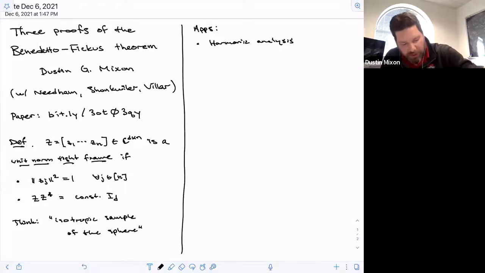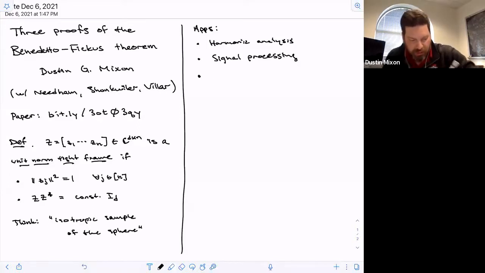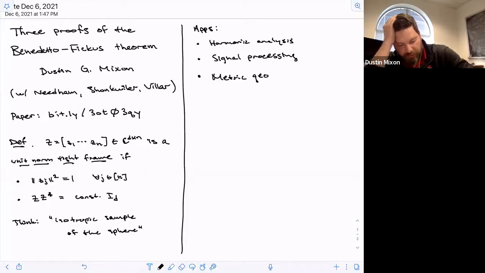In fact, harmonic analysis is where the general theory of frames originated. Later on, it was realized that you could use frames for signal processing. And today, I typically think about problems in metric geometry where unit norm tight frames frequently emerge.